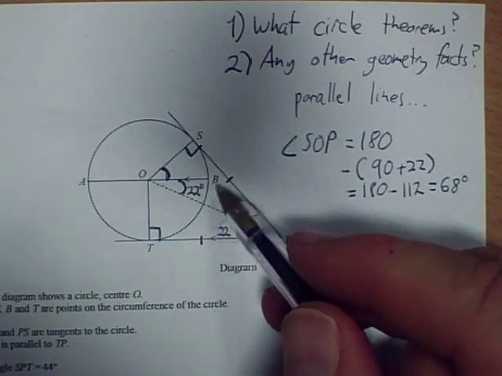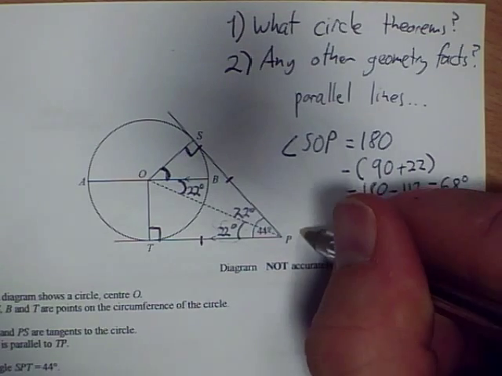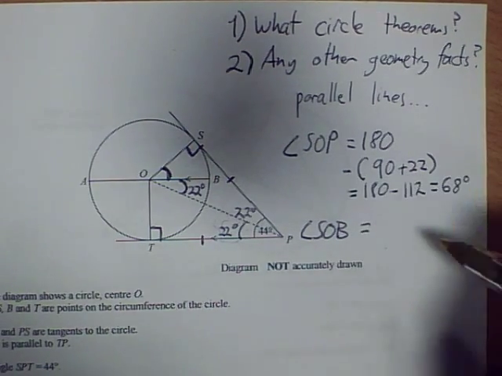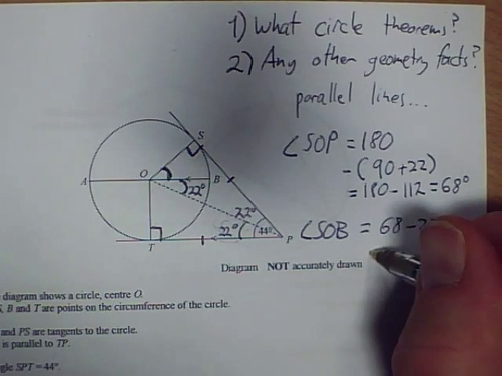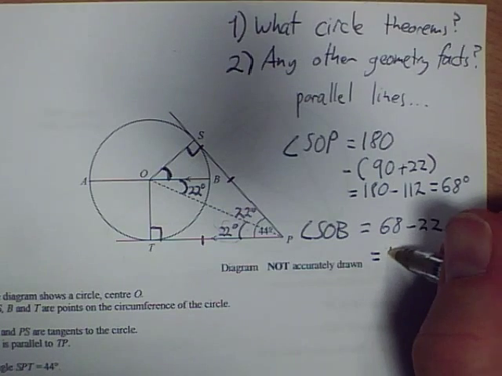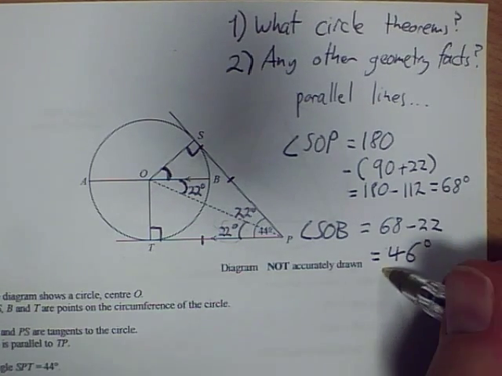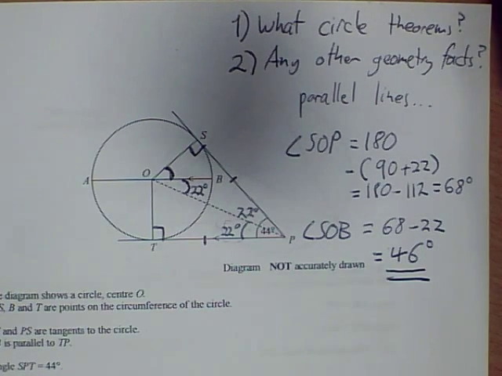So angle SOB is 68, which is SOP, take away this: 68 take away 22 is 46 degrees. And that's question 1.